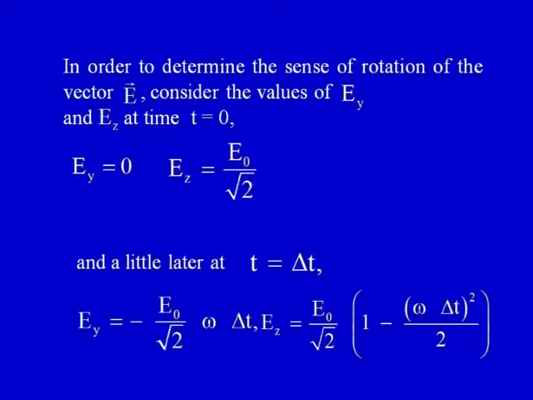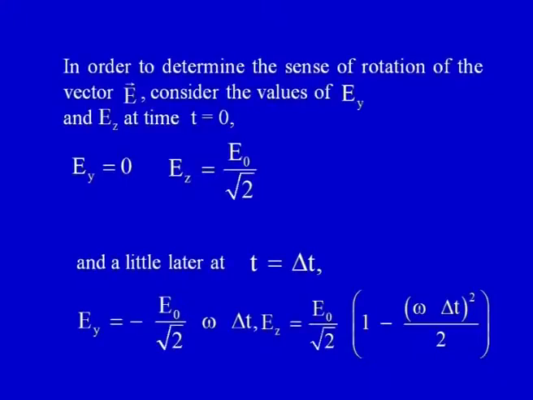Again, as we did earlier, in order to determine the sense of rotation of the electric vector E, consider the values of Ey and Ez at time t equal to 0. So, at time t equal to 0, Ey is equal to 0 and Ez is equal to E naught upon square root of 2.